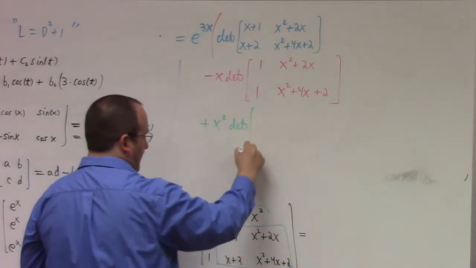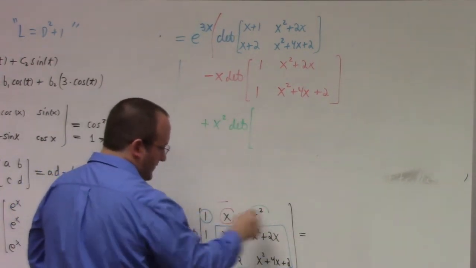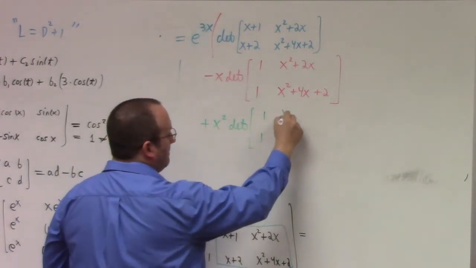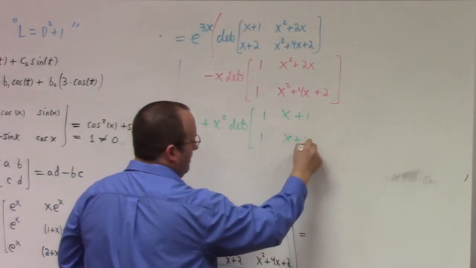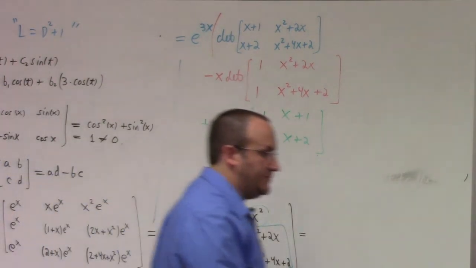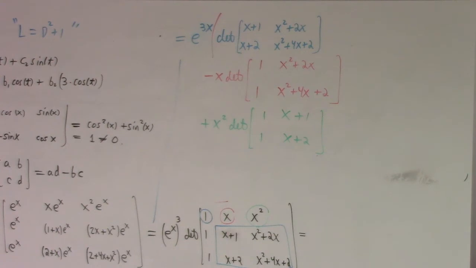And then we're supposed to multiply that by the determinant of everything that's not in the first row and third column, which is this guy. And then we close that big bracket I started up there.